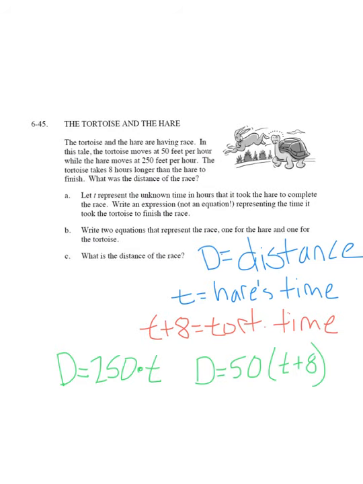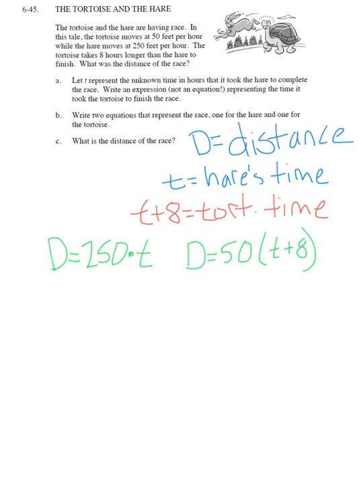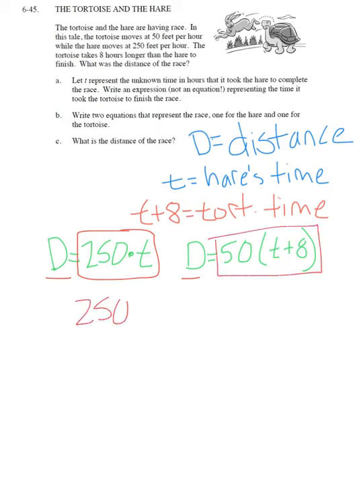Alright, and at this point, just like the last problem and any of these equal values problems, we know that we have two equations. Both of these pieces of the equation are equal to D, which means that they are equal to each other.